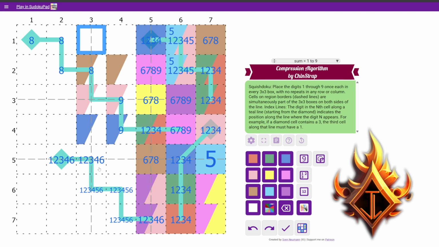Let's think about... Oh no, I can't really. Maybe 5? One of these have to be blue, don't they? Which means the middle still needs a blue. It has to go in one of these. Is there anything else that has to go in one of these? I don't think so.